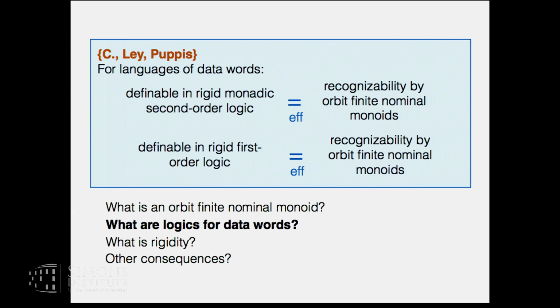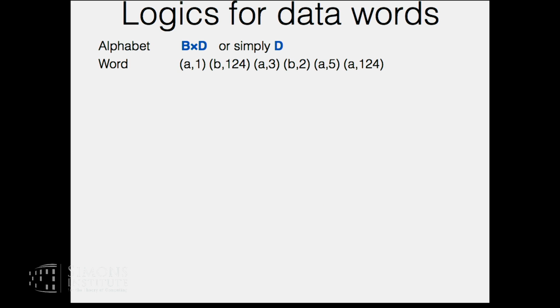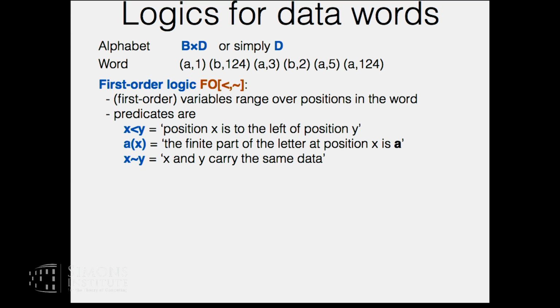Now, what are the logics for data words? And here again, it's very well specified in the literature. Here I have a finite alphabet, and we have these data values, so a word looks like that. I'm defining first order logic with this tilde operation, which is normal first order logic where variables range over the positions in the word.